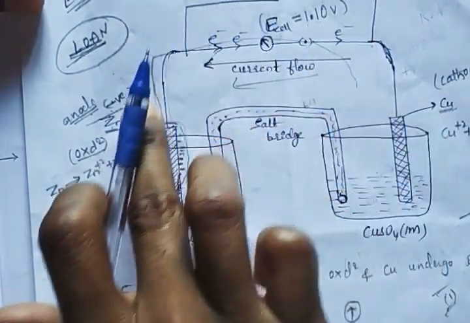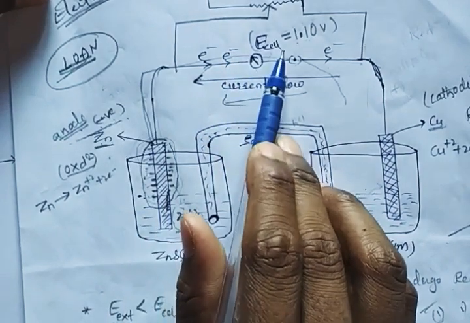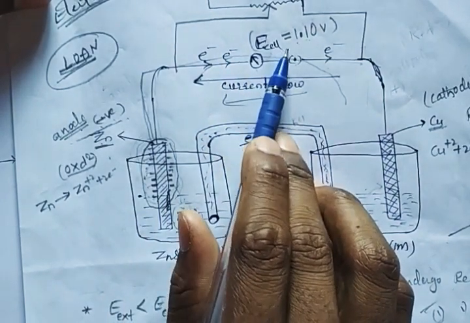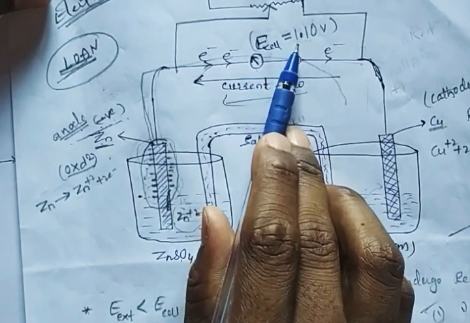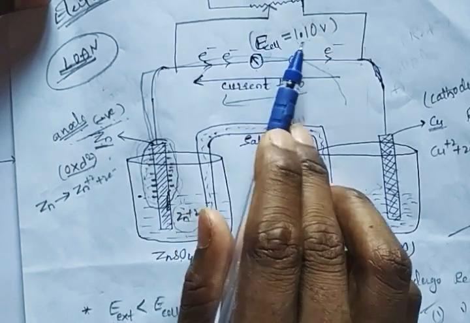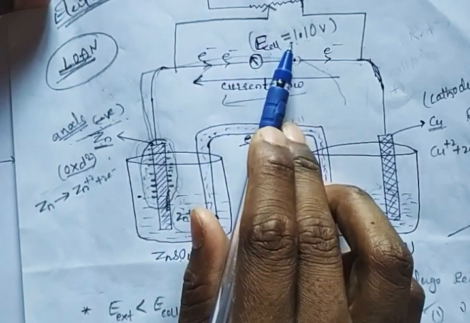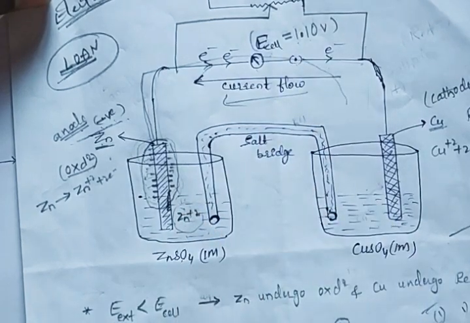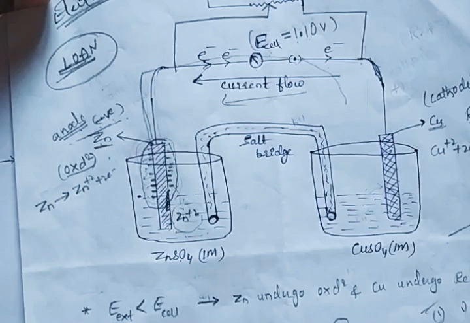When these two are connected, then the cell potential E is equal to minus 0.76 volt. That means it has a lower tendency to undergo reduction. Reduction potential value, zinc potential we can measure.